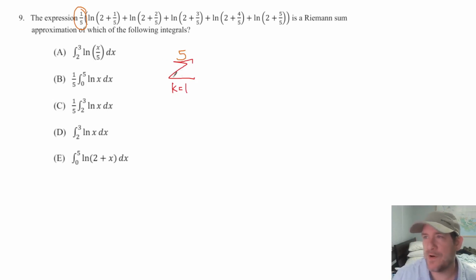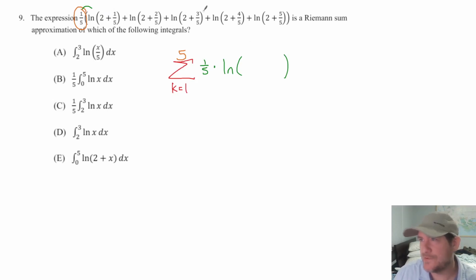So that's great. I've got that part. Then I know that in my summation I would want my delta x, which would just be the 1/5 kind of distributing in. So there'd be a 1/5, and then multiply that by the function, which pretty obviously needs to be an ln. And then inside the ln, our x variable would be our lower limit of integration.